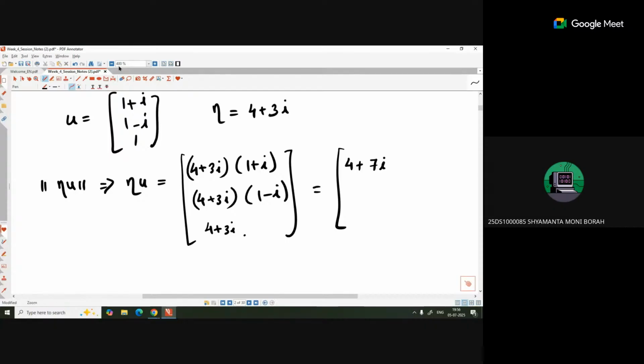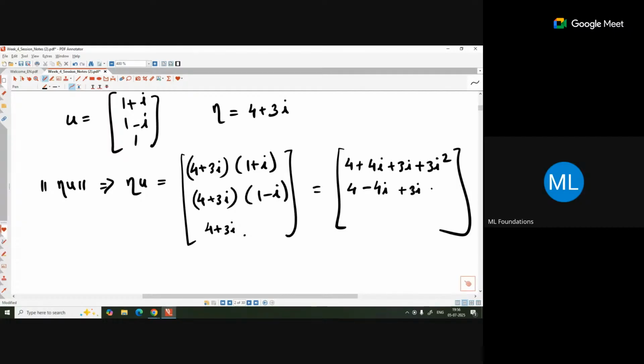Sorry, let me do it again. It is 4 plus 4i plus 3i plus 3i square, right? Then it is 4 minus 4i plus 3i minus 3i square, and here it is 4 plus 3i.